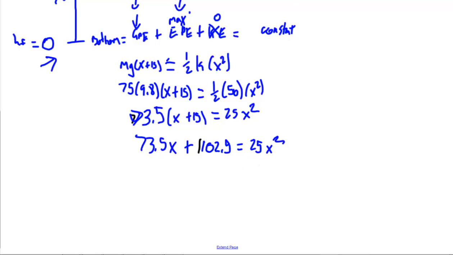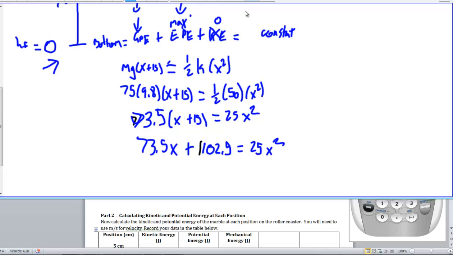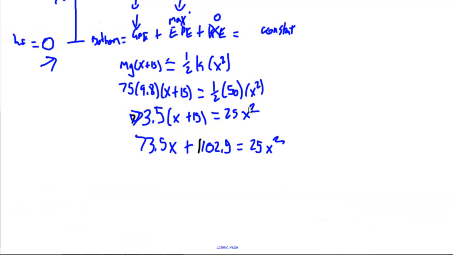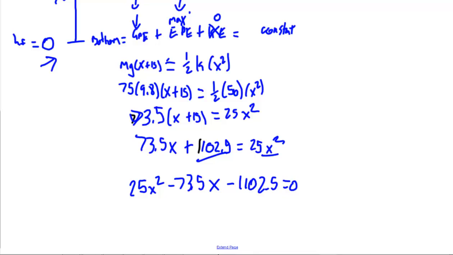So now all I have left to do is solve for x, and you'll notice it's a quadratic because of that spring constant. So I'm going to subtract everything over. So I have 25x squared minus 735x minus 11,025 equals 0.